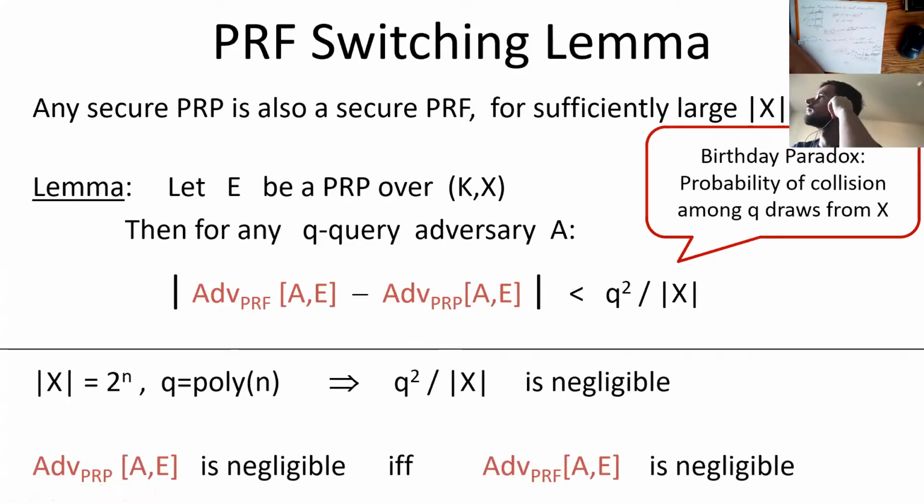Why is this? This is basically the birthday probability.